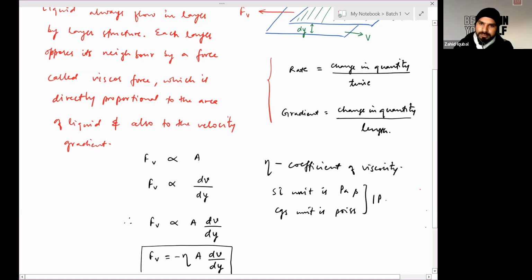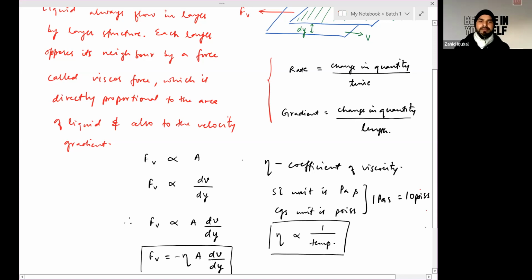So 1 Pascal second equals 10 poise. This eta will depend upon temperature like this. Okay, just write it down.